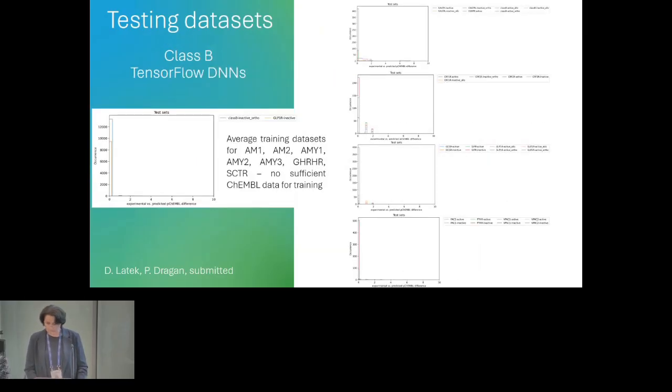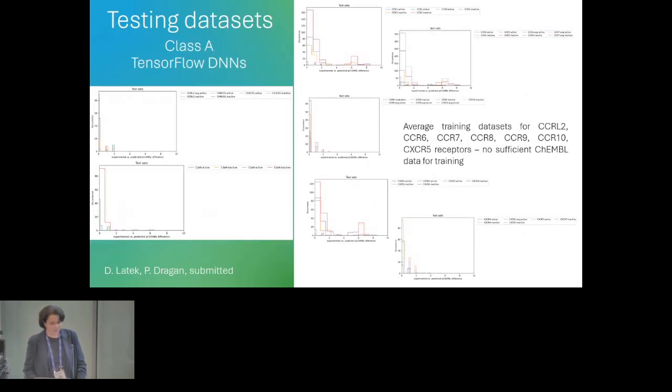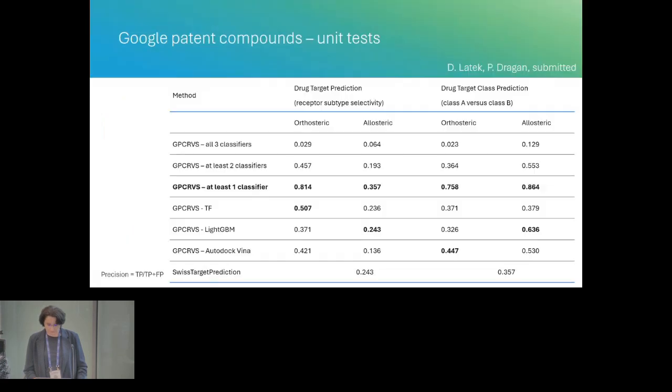Similar results were obtained with deep neural networks implemented in TensorFlow. Again, some chemokine receptors performed slightly worse. Another test we did involved patent compounds from Google Patents.